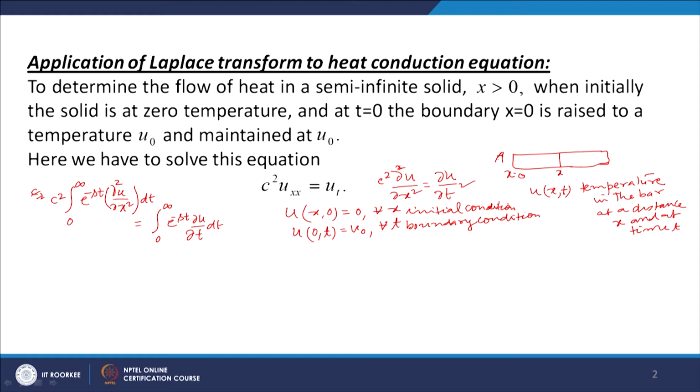Now, since we are integrating with respect to t, x and t are independent variables, so I can also write it as c square d square by d x square of the integral. Now here this is the product of two functions of t, so let us integrate by parts. So, e to the power minus s t into the integral of del u by del t, which is u x t, minus integral 0 to infinity derivative of e to the power minus s t, which is minus s.